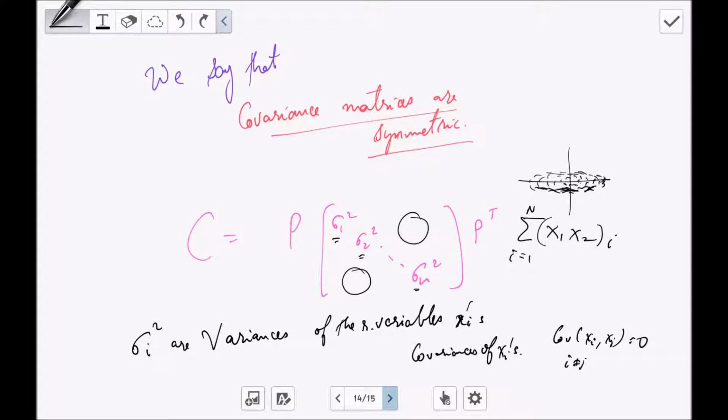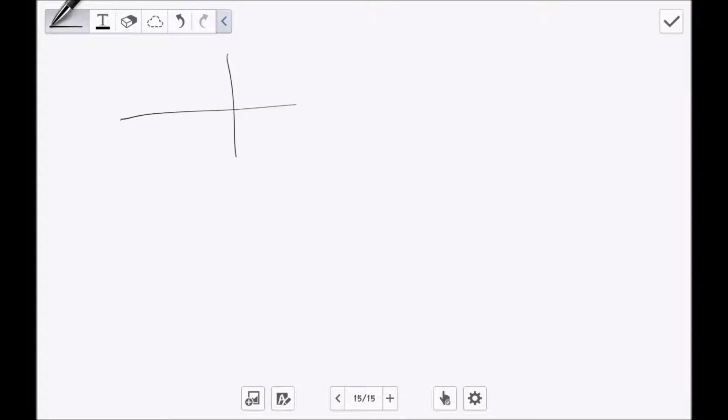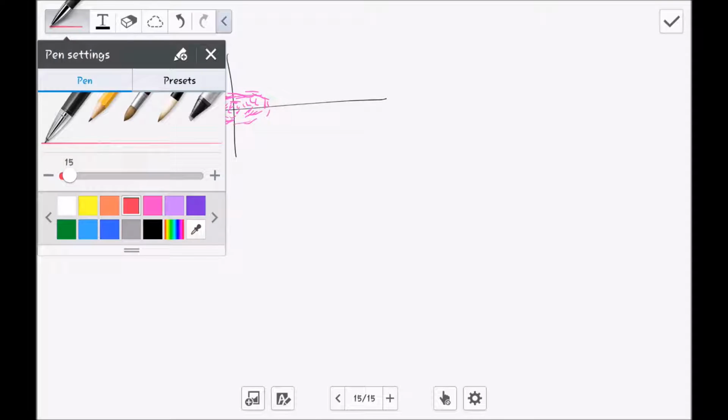So let us see this. Covariance is 0 for this case.